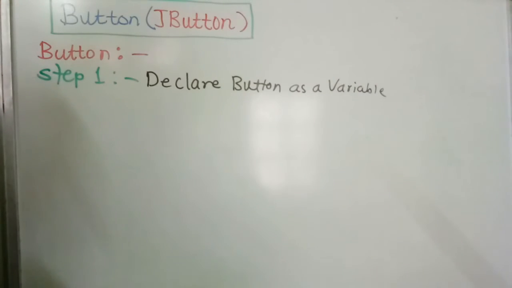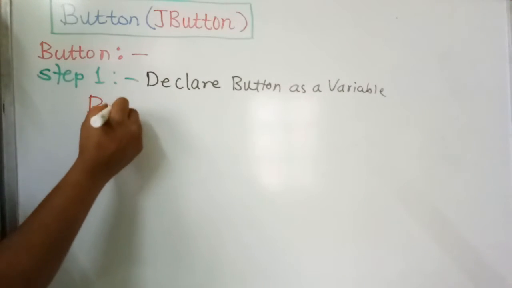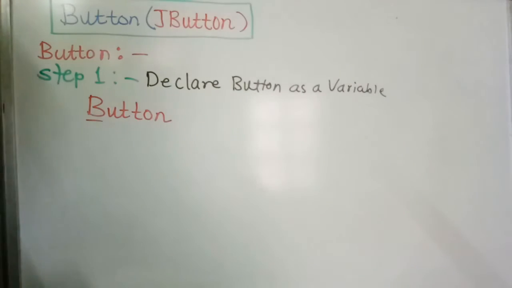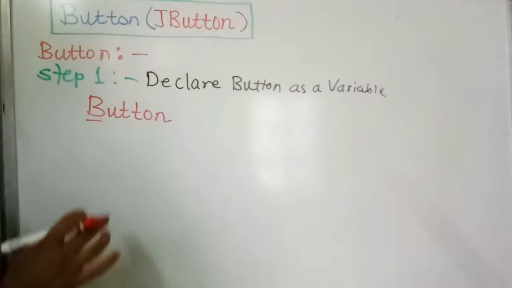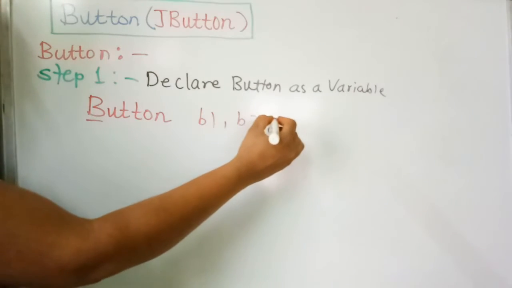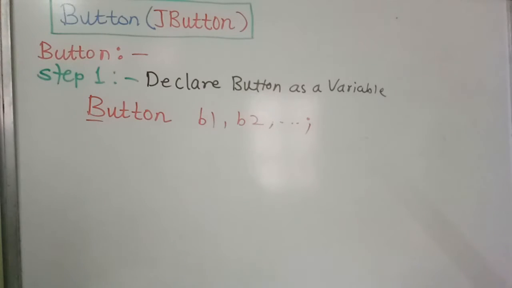We all know that the button has the specific spelling, B in capital. Then we have to create this class and create the variables of that button, for example, B1, B2 and so on, and apply the semicolon.